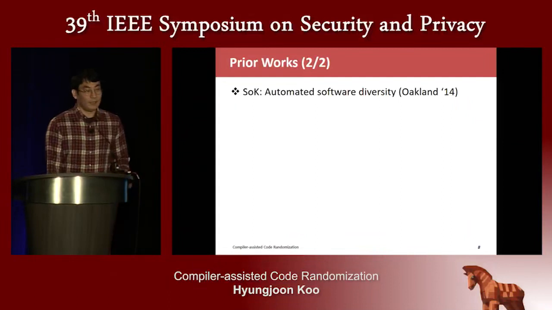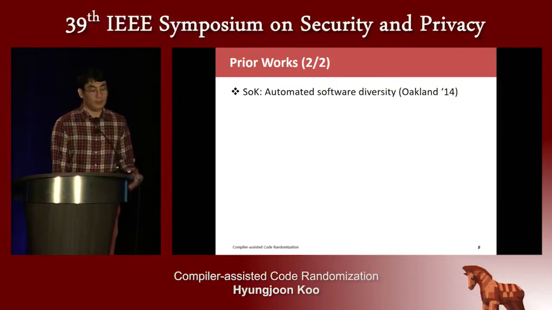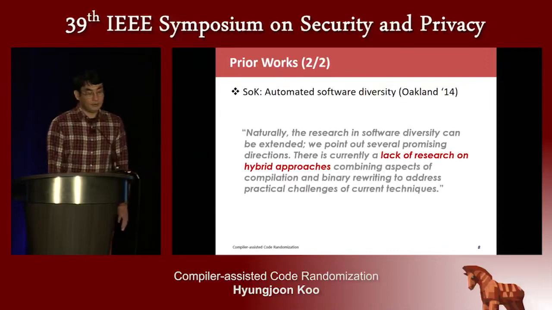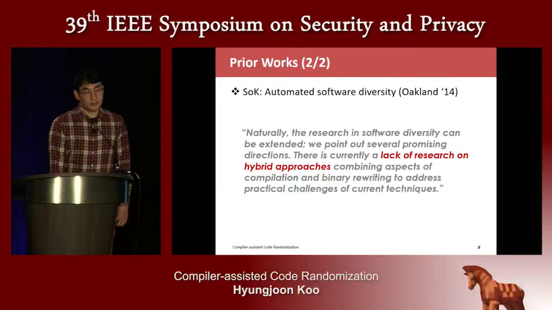And there is a paper that systematically studied the prior works on automated software diversity, which was presented at Oakland in 2014. It concluded, "We pointed out several promising directions.